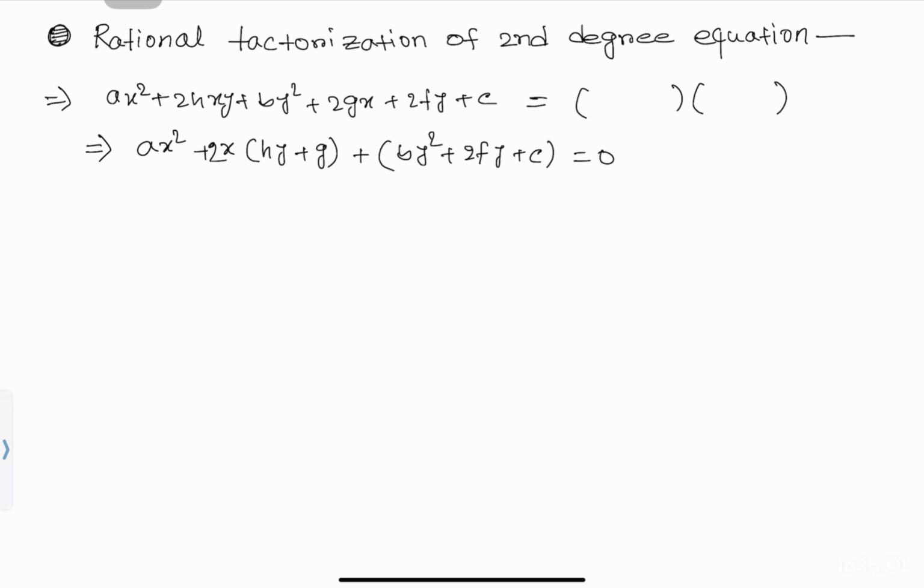So this looks like a quadratic equation, where a is not equal to 0. Clear? So this is my quadratic equation.